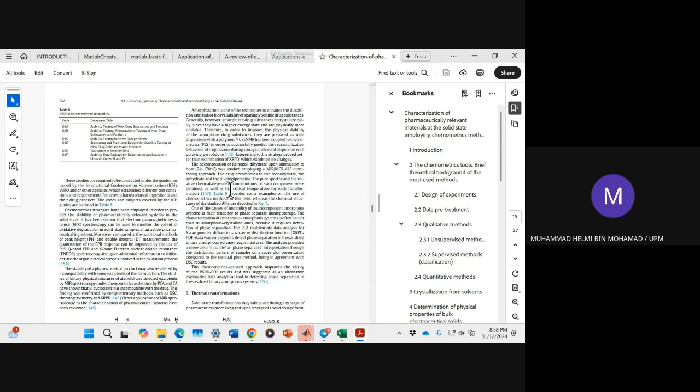One of the requirements is the stability of the drug product or drug substance, the API. So in this paper, they are using that chemometric method to see the shelf life of that API. For example, we claim that the product can withstand about 3 to 4 years. So using this method, they will see the stability, meaning whether it is degraded or not until that shelf life. Okay, that's all from me.